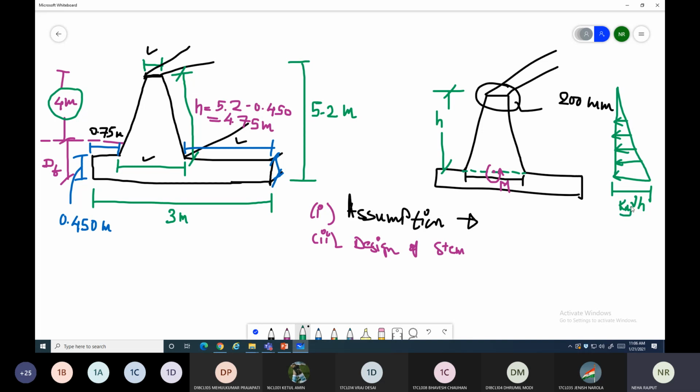I can find K. I have gamma, I have H. Then I can get this active pressure, which will act at a distance of h by 3, small h by 3. So this pressure value will act here. This pressure into this CG height will lead to the moment in the stem part. That's why the moment comes, that's why the stem deflects like this.